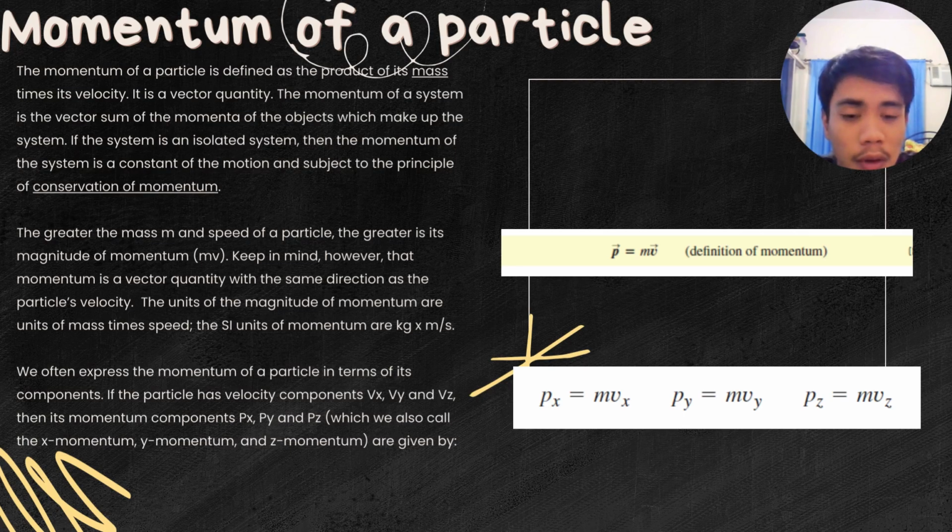If the particle has velocity components Vx, Vy, and Vz, then its momentum components Px, Py, and Pz, which we also call the x momentum, y momentum, and z momentum, are given by Px equals mvx, Py equals mvy, and Pz equals mvz. Next, we will be moving on to some sample problems.